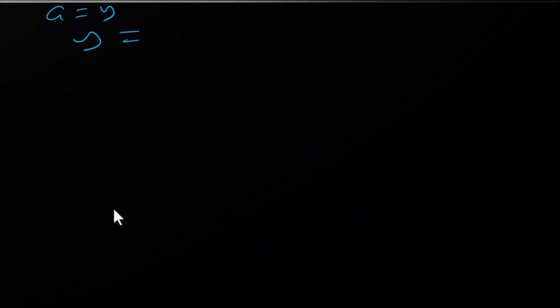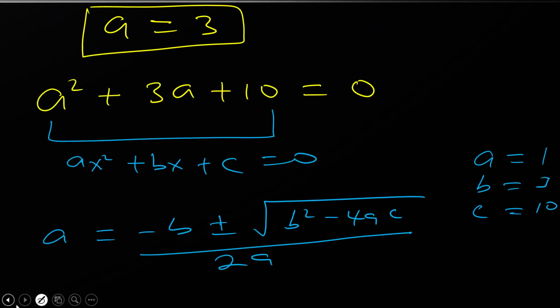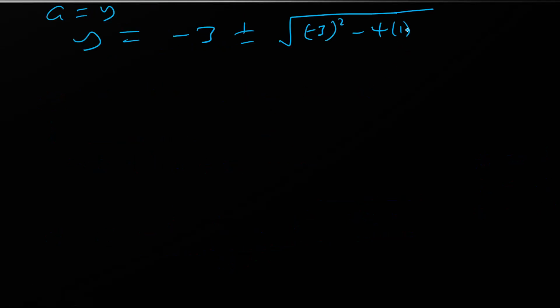So we have minus 3 plus or minus the square root of 3 squared minus 4 times a, 1, times c, 10, over 2 times 1.